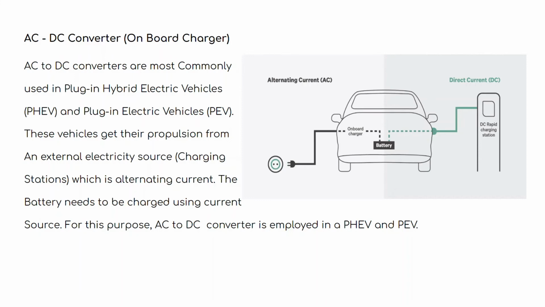These electric vehicles get their propulsion from the external electricity source, which is alternating current. The battery needs to be charged using a current source. So for this purpose, AC to DC converters are employed in PHEVs and PEVs.